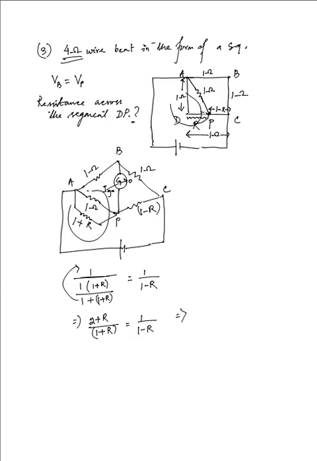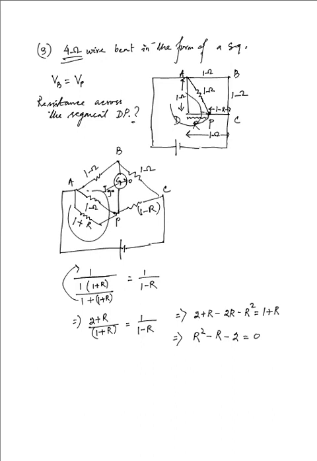So multiplying these two terms, cross multiplication, 2 plus R minus 2R minus R squared is equal to 1 plus R, and that gives me R squared minus R minus 2 goes to 0.